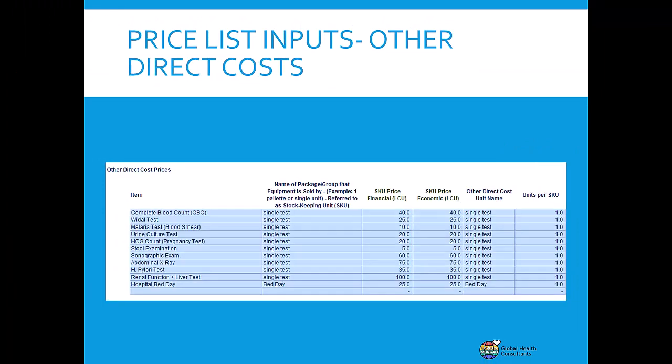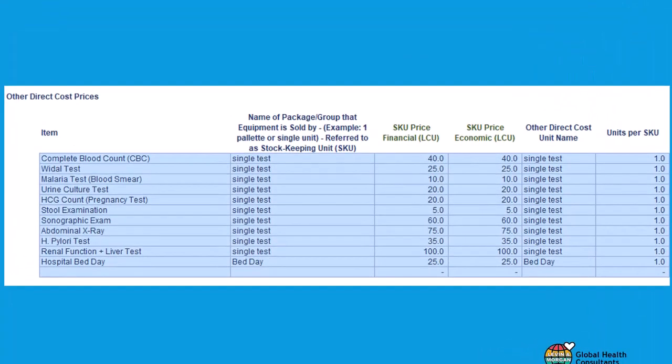You will also have a price list input for other direct costs, and often this is used for estimating the cost of tests that are done in a laboratory, and also a hospital bed day cost. So here you can see we put in complete blood count. A single test costs, in this case, 40 local currency units, both economic and financial.